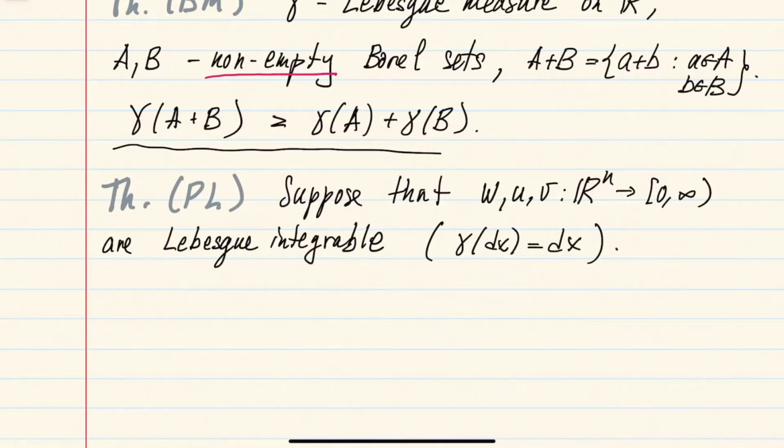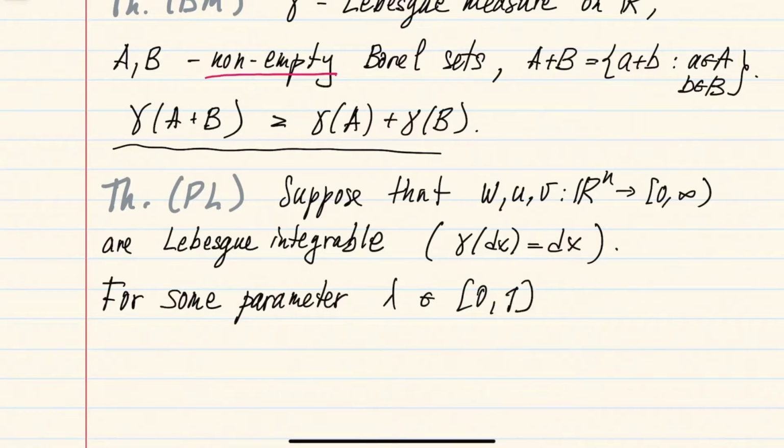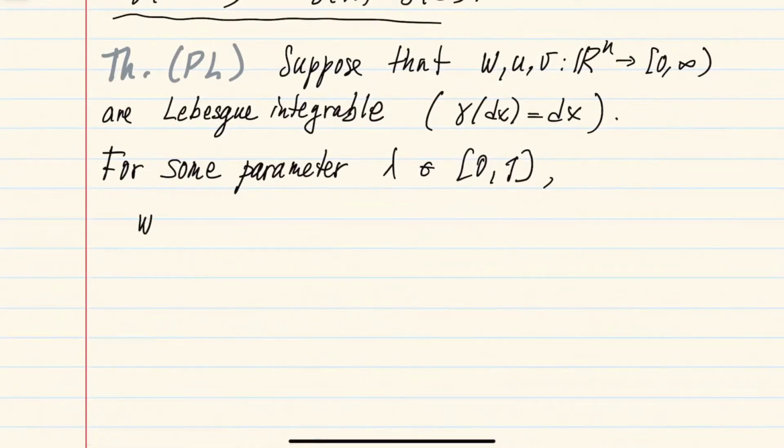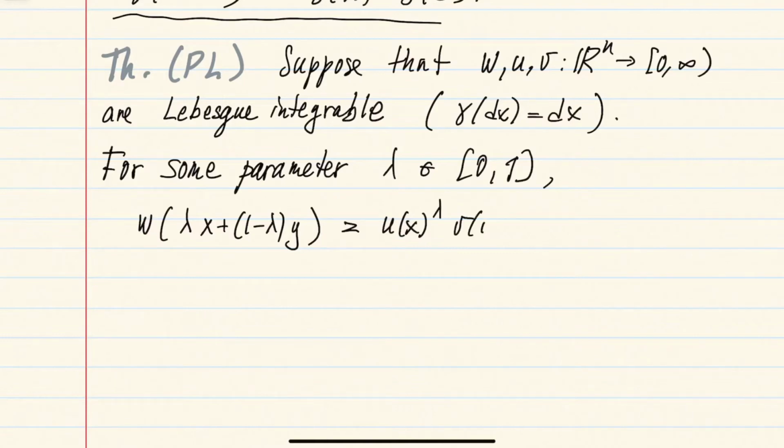We assume the following condition on these three functions, namely that for some parameter lambda between 0 and 1, we have the following inequality: the function W evaluated at a convex combination lambda x plus 1 minus lambda y is greater or equal than the first function u of x to the power lambda and the second function v of y to the power 1 minus lambda.